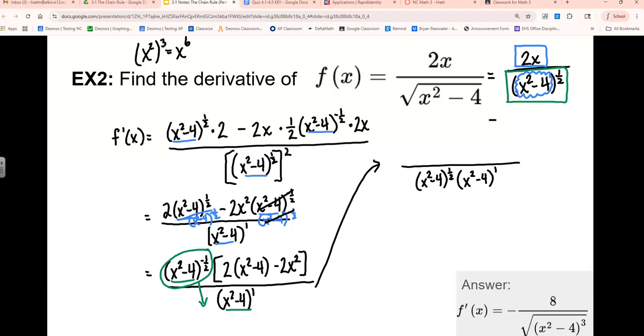Those are going to be able to be combined. I'm only writing it right now. I'd usually skip writing that step, but I'm writing it to be extra clear about what's happening. Here in the numerator, I distribute this 2. So you have 2x squared minus 8 minus 2x squared. And so, in that numerator, what can happen?